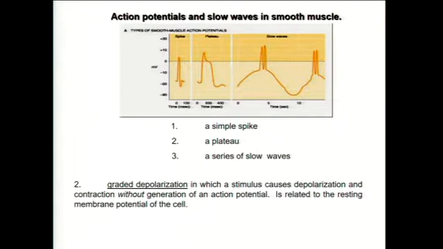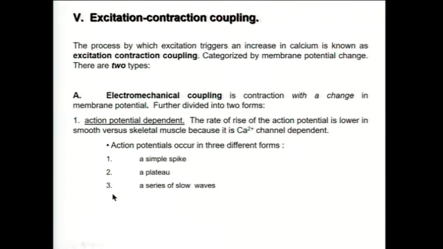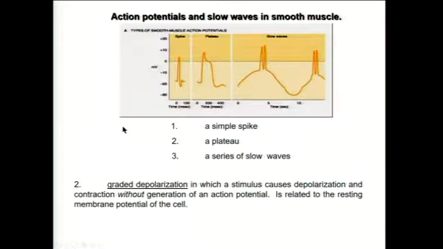It's graded, so you will not get spikes and not get peaks. I'm not going to ask you about this, but I want you to know that it exists. Okay? So try to get this straight in your mind. Electromechanical coupling, there's two types, action potential dependent and graded depolarization.